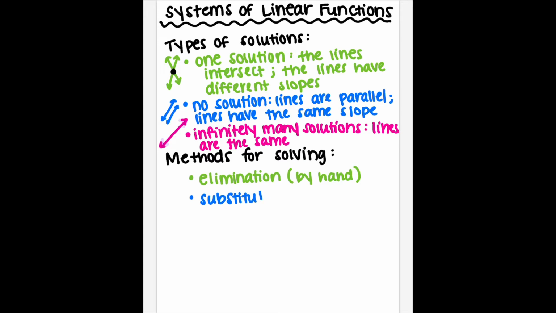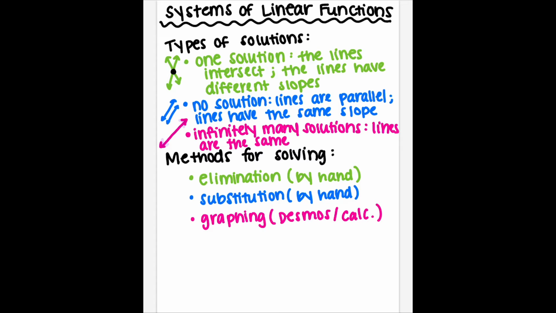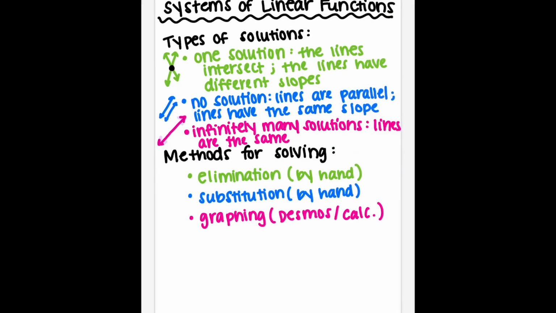The second method is called substitution. Again, this method is done by hand if you don't have access to Desmos or a calculator. And finally, graphing is the third way. And to graph a system of equations, you would need Desmos or a calculator.